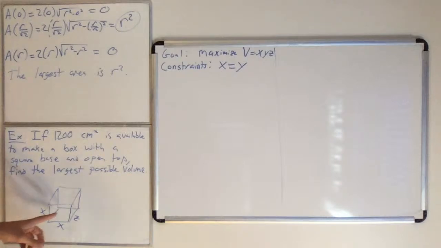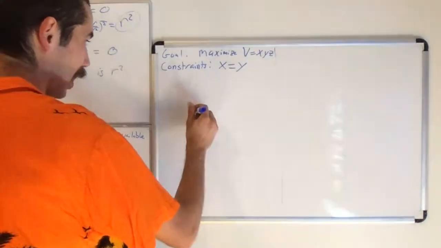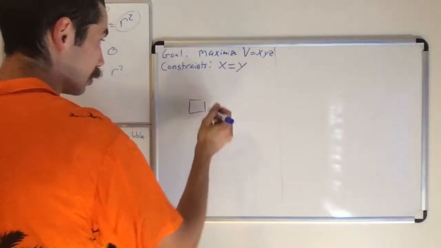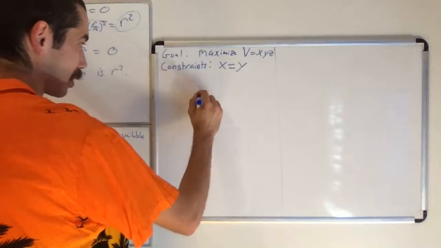Okay, and our constraint. So we'll say the bottom is the x by x face.